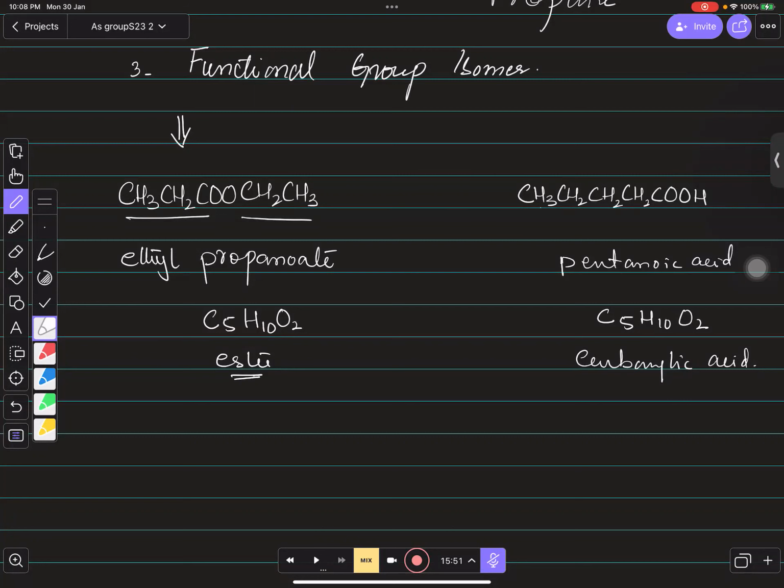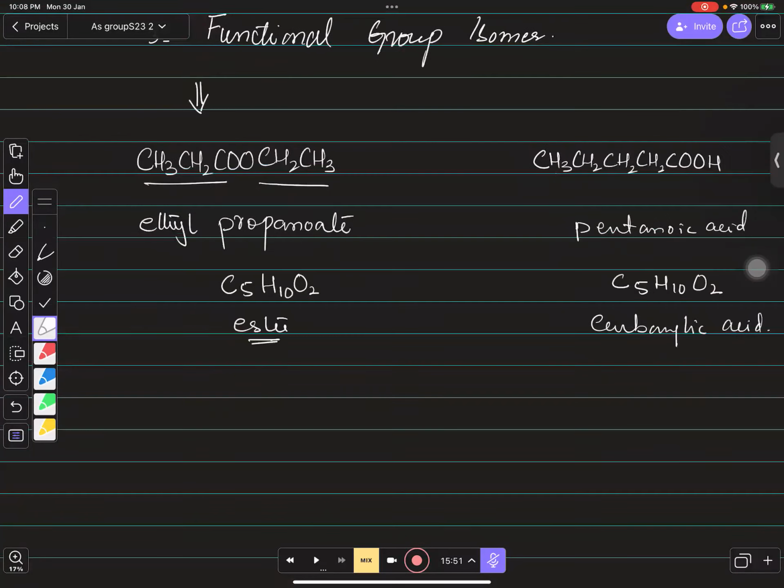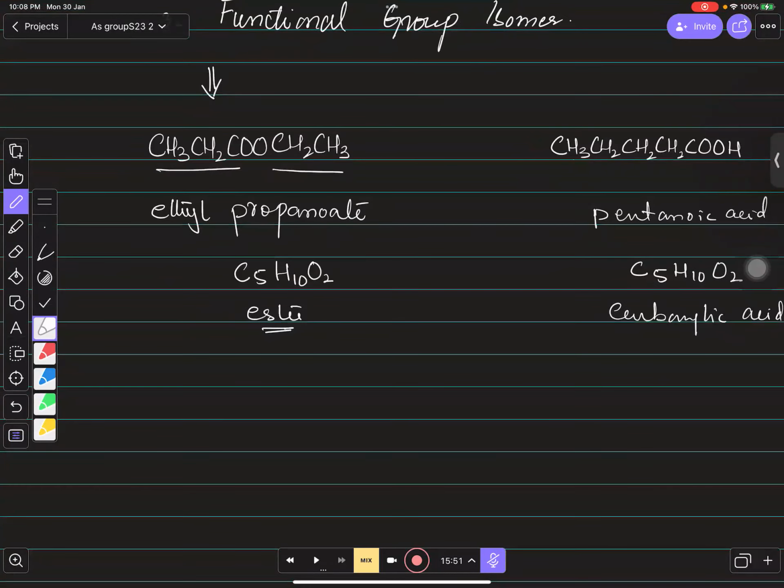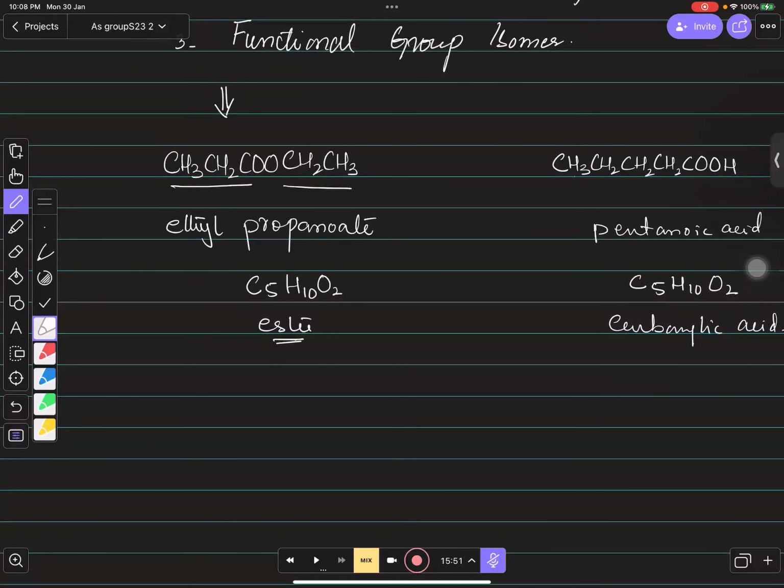Is that clear, everyone? Yes, sir. Sir, can you repeat it again? Yes, this is a functional group isomer because they have the same molecular formula, but they are part of different families, different functional groups.